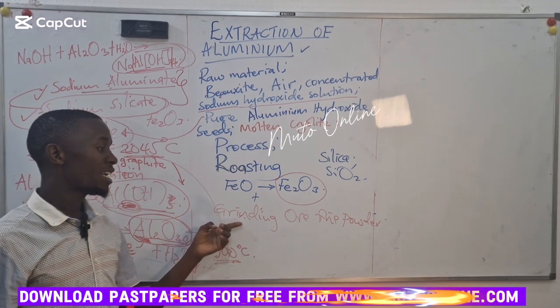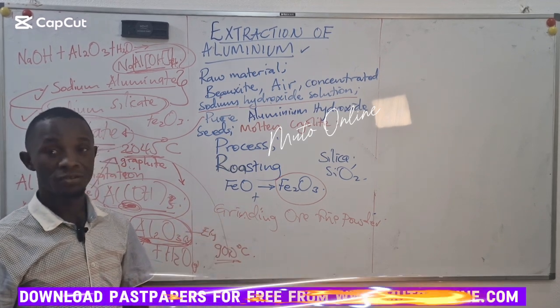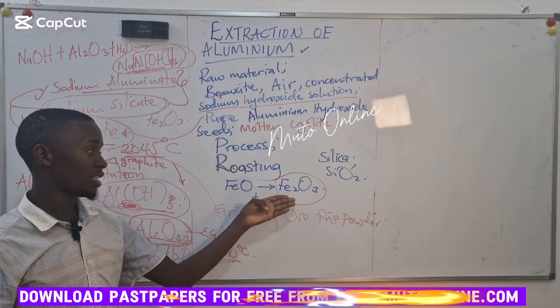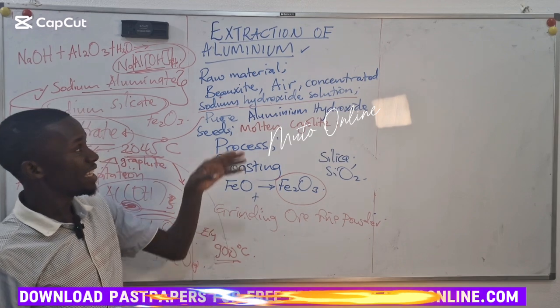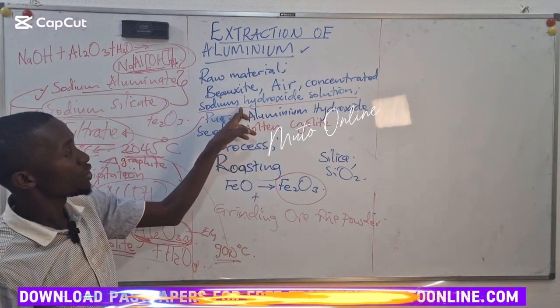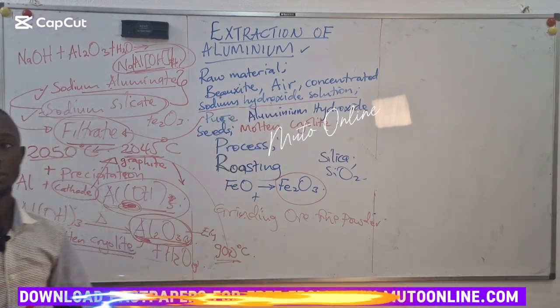Secondly, we grind the ore that is free from water and containing iron 3 oxide. We grind it to fine powder and then heat it further, this time with concentrated sodium hydroxide solution.